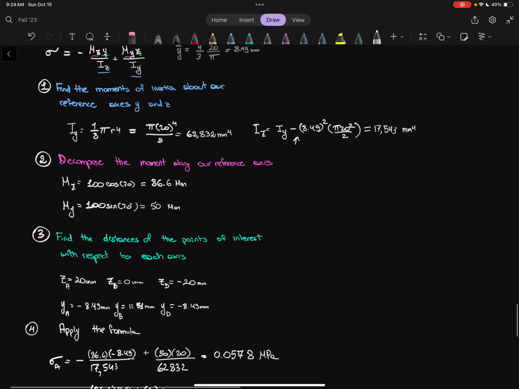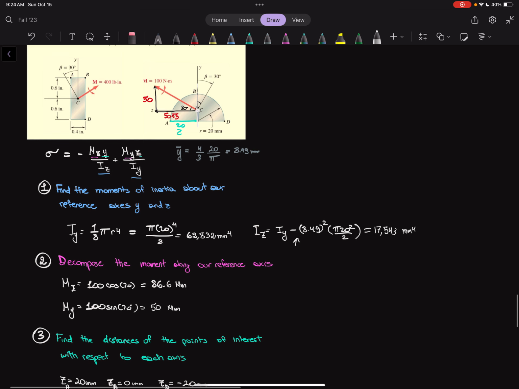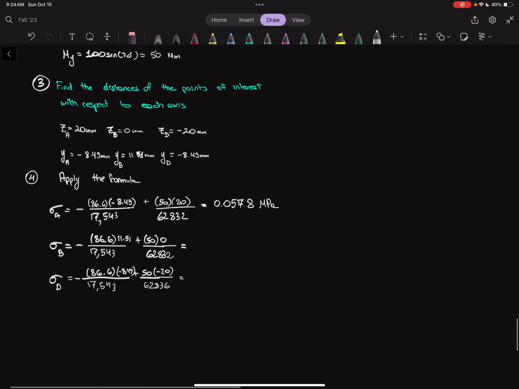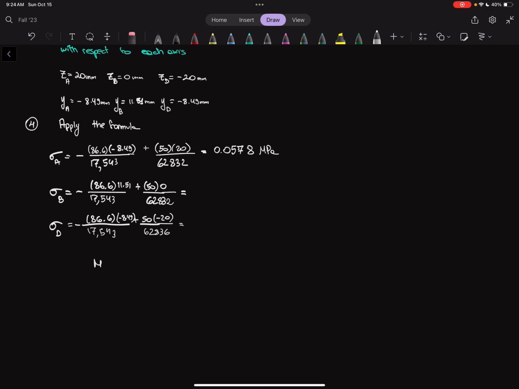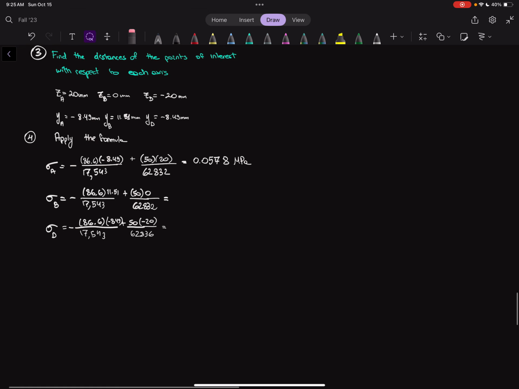And that's, let's see. So let's see in terms of units, we have the newtons multiplied by millimeters divided by millimeters to the fourth. And then we have meters that must be converted because there's a meter here. So we got to convert everything to millimeters if we want megapascals.